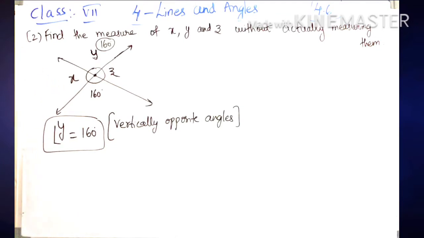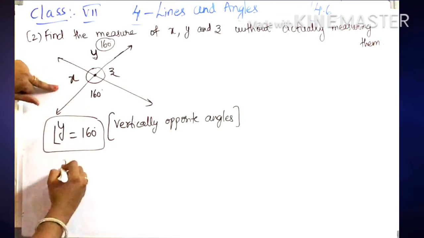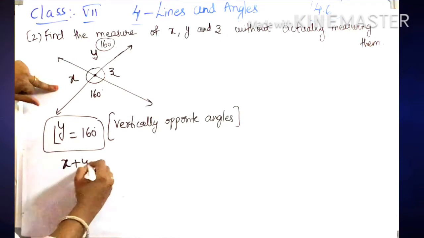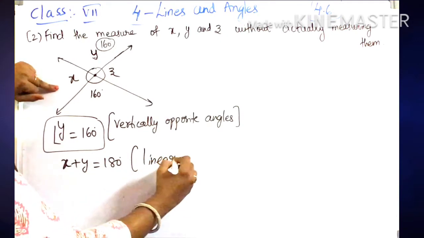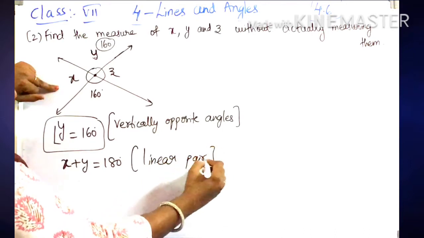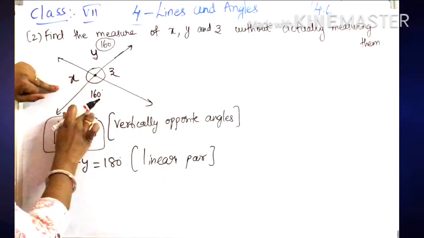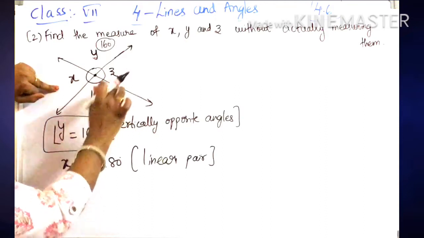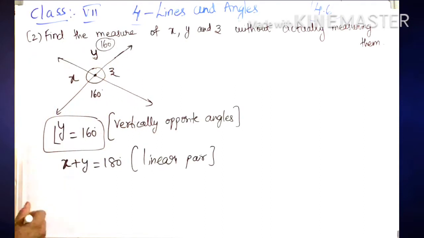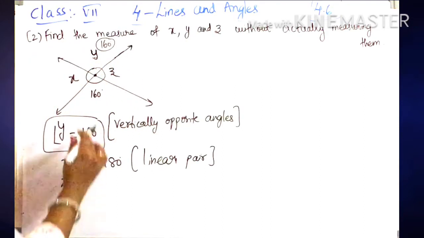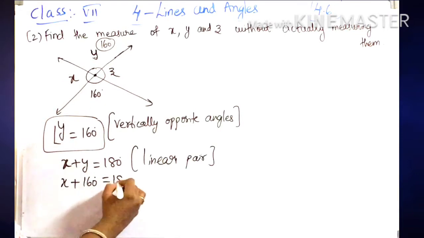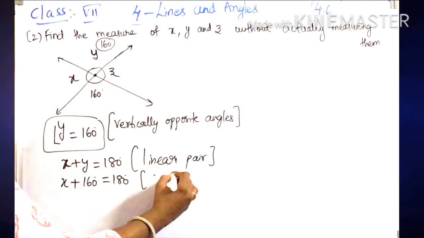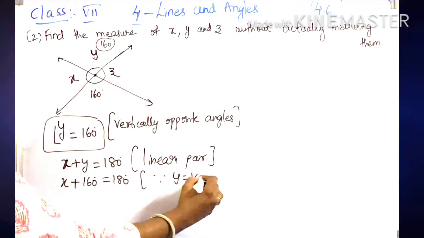Now here I am taking x plus y equal to 180, a linear pair. It is not compulsory to take only x and y. Here you can take x and 160, z plus 160, z plus y also. Now x we don't know, but y we got as 160, so x plus 160 equals 180.